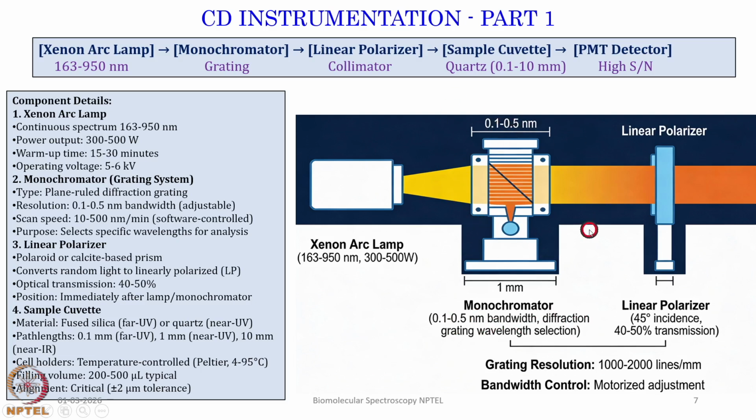So, here we have linearly polarized light coming, with 45 degrees of incidence and 45 degrees of transmission. The grating resolution one can have is 1000 to 2000 lines per mm, and one can control the bandwidth. So, essentially that is the light source we are talking about. We start with a xenon lamp, and by putting in the grating we generate the linearly polarized light. You require decent power.